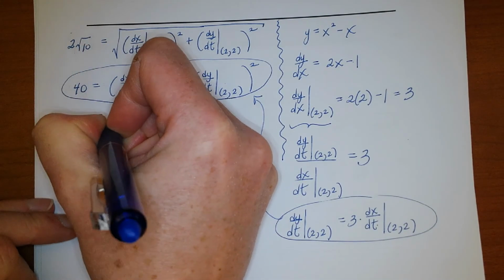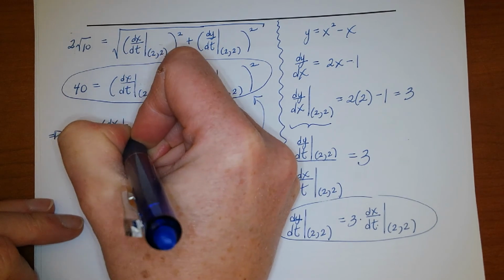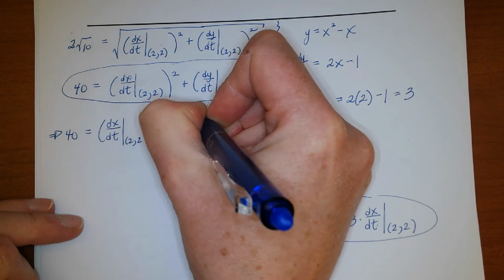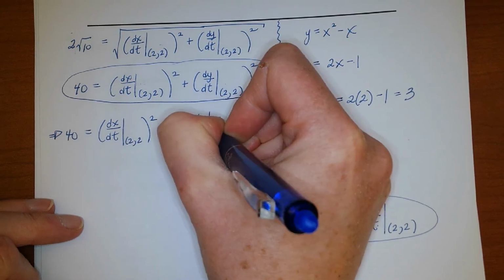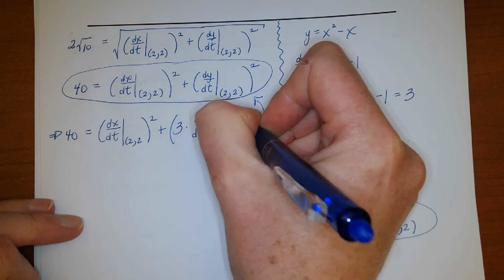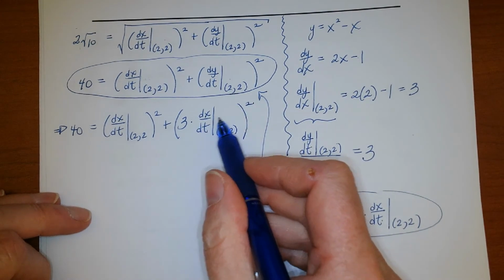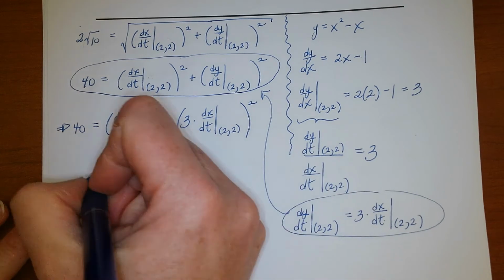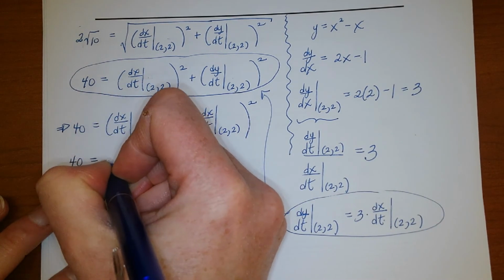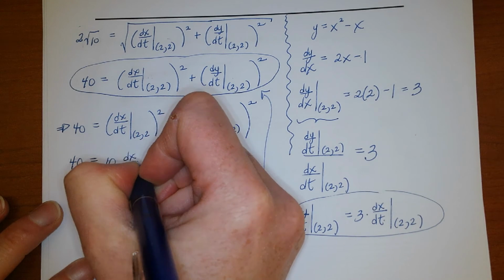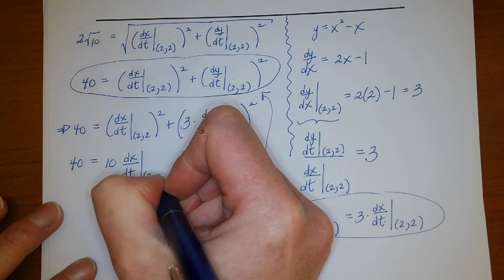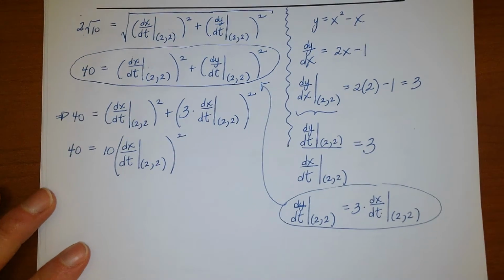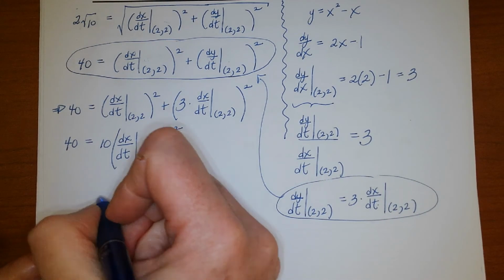I'd have 40 equals (dx/dt at the point (2, 2))squared plus (3 dx/dt at the point (2, 2))squared. If you square this, you get 9 (dx/dt)squared, and you have one more, so 40 would equal 10 (dx/dt at the point (2, 2))squared. All right, divide the 10 over.